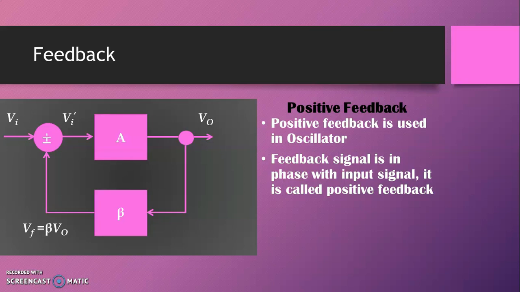Unlike negative feedback, in case of positive feedback, input signal and feedback signal both are in phase, and then it is known as a positive feedback. Mathematically, it can be written as Vi dash is equal to Vi plus Vf, where Vi is input signal and Vf is feedback signal.